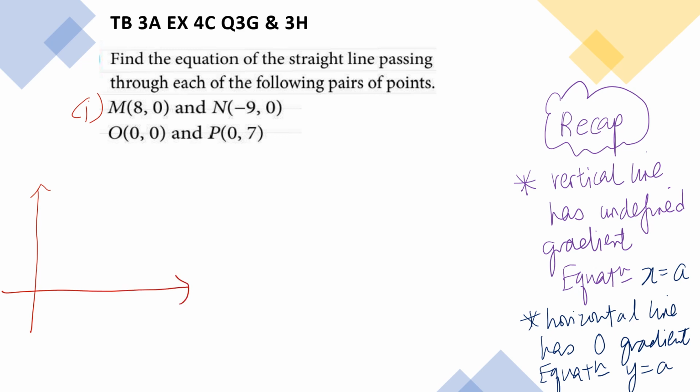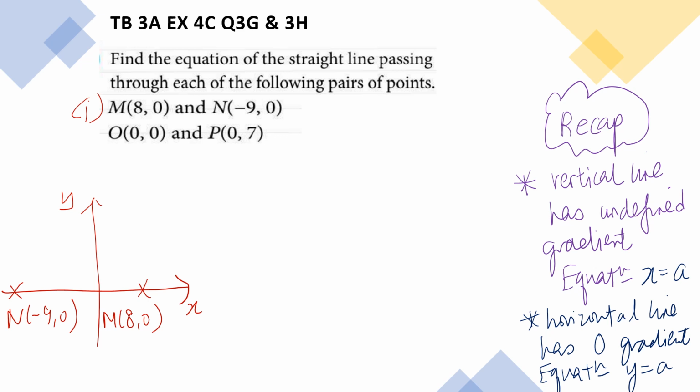80, that means the y coordinate is 0. So it will be probably somewhere here. This will be M, 8, 0. And then negative 9, 0 will be somewhere here.